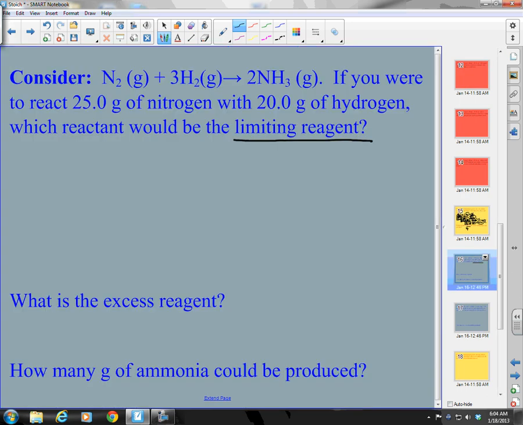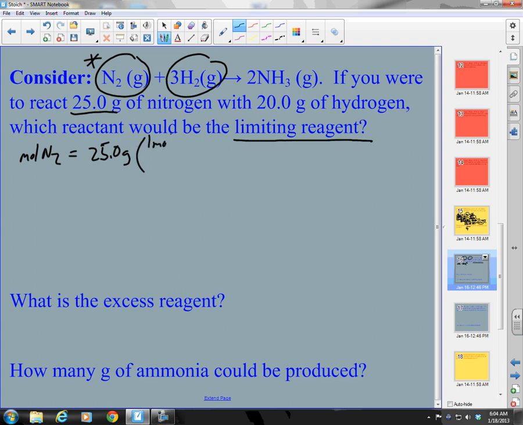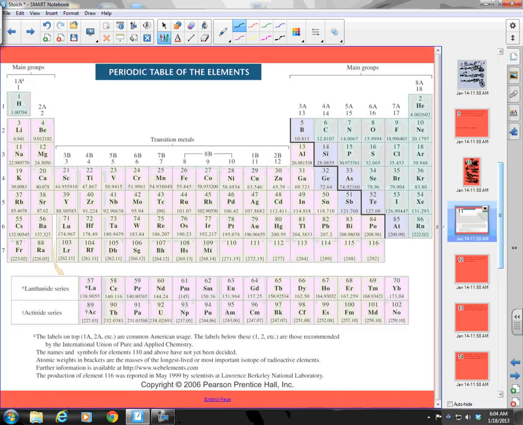So I've got two reactants, nitrogen and hydrogen, right? What am I going to do? Well, I have 25 grams of nitrogen. I'm going to start with nitrogen. That's the first one I'm going to do. I'm going to convert to moles, so I need to get moles of nitrogen. Moles of nitrogen are going to equal what? 25.0 grams times 1 mole per, well, need to go up here. What is my molar mass of nitrogen? 14.01.